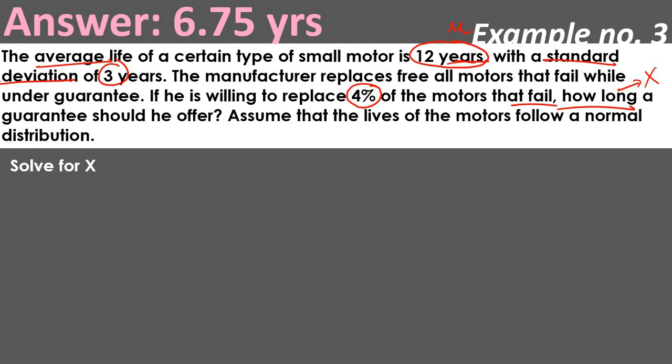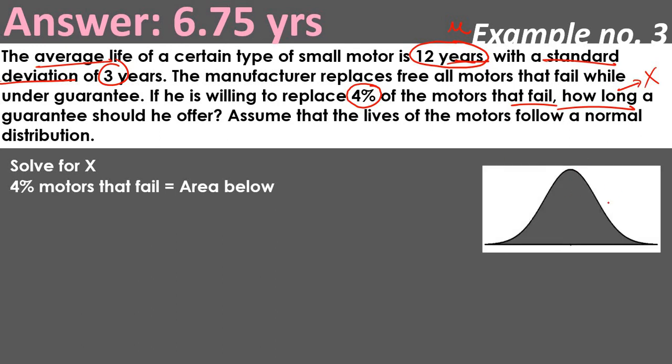So let's first analyze what we mean by 4% of motors that will fail. 4% motors that fail also means area below. If we try to graph it using the normal curve, the mean is in the middle, which is 12. And we are talking here about the motors that will fail, so that should be on the left region.